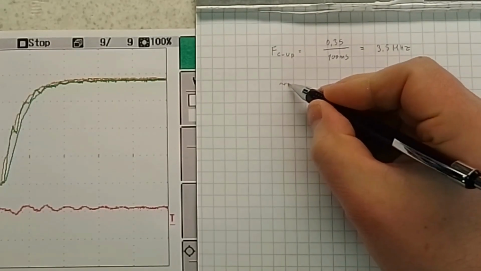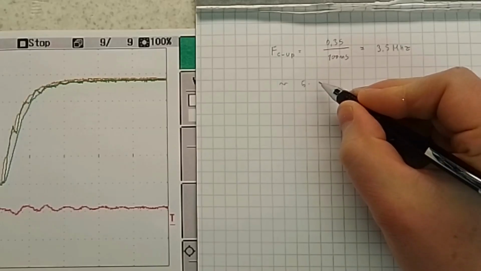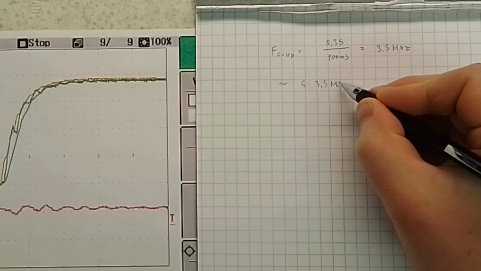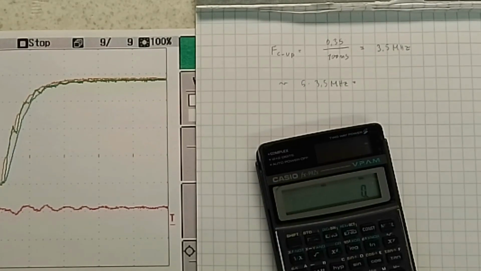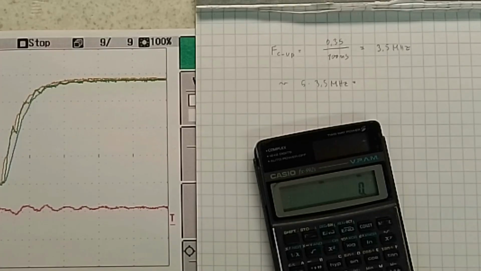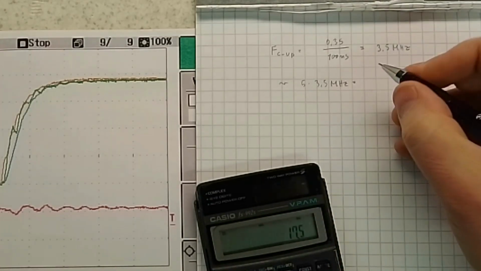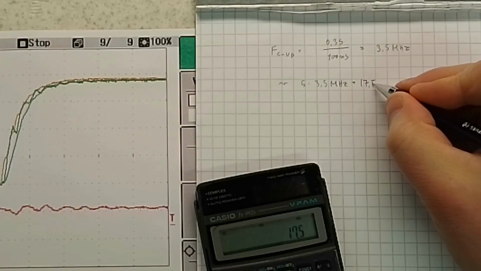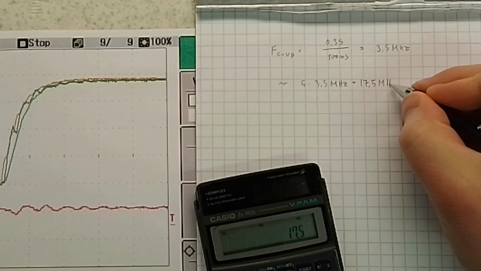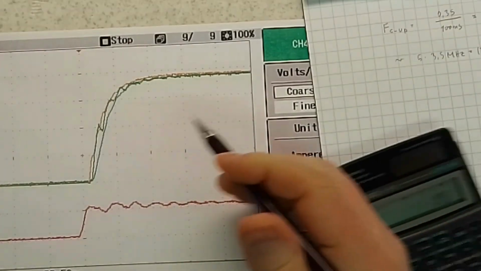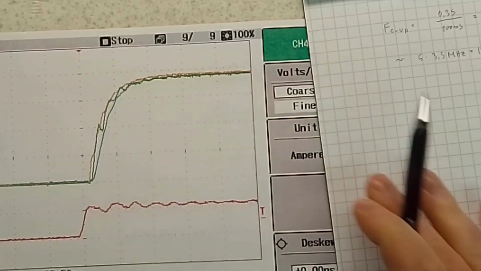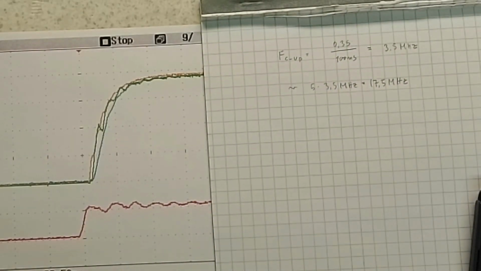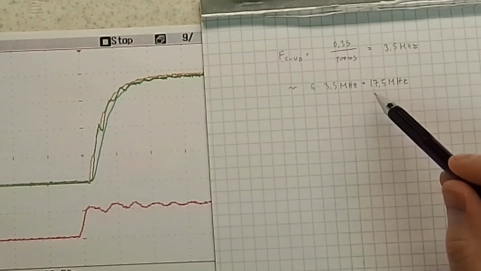So 5 times 3.5 megahertz, which is 17.5 megahertz. So we can estimate that DIY Shunt and DIY current transformer have at least 17.5 megahertz upper cutoff frequency. It could be higher, but at least this one.